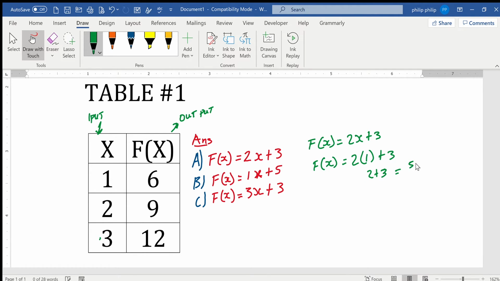5. So we notice something here, guys. We had an input of 1, 2 times 1 plus 3, and it doesn't give us our output, which we're looking for here, which is 6. So it does not satisfy this equation.